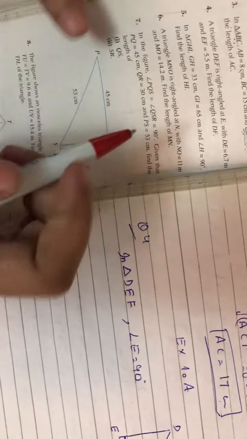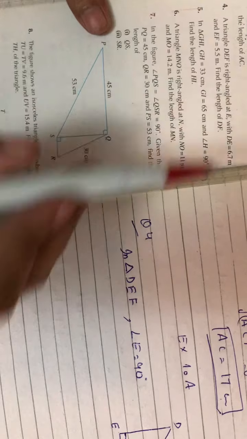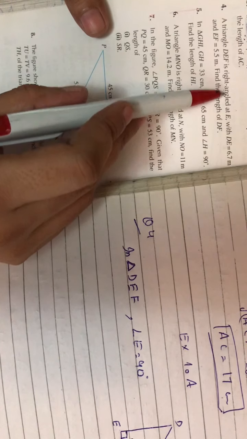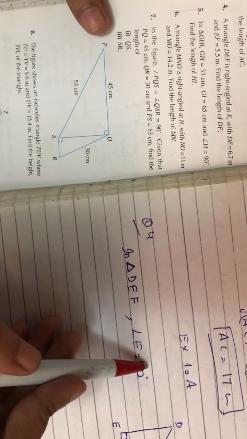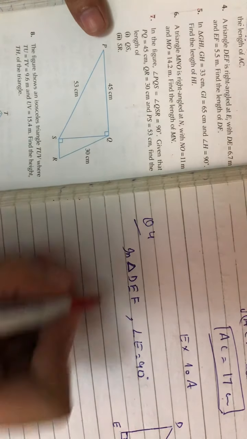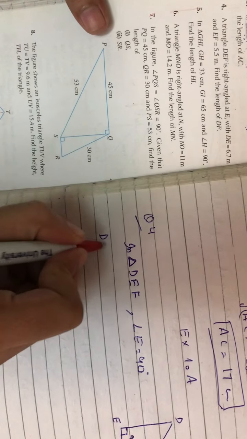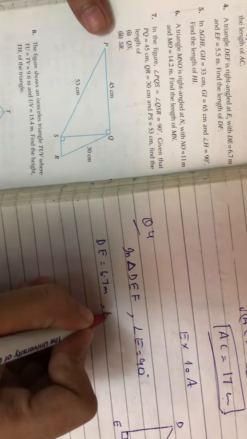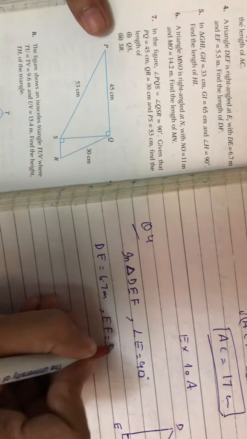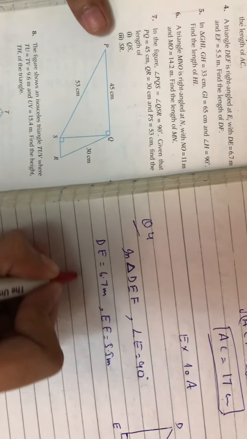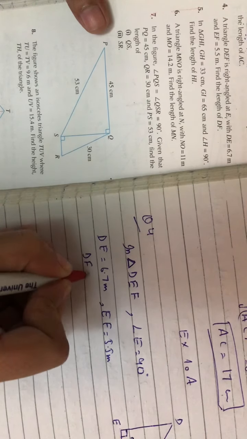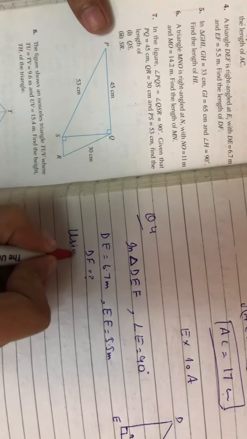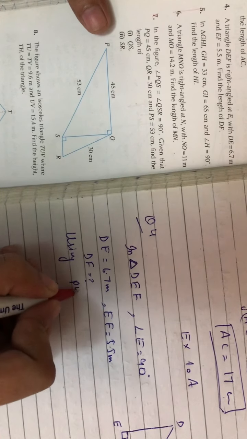This is given. In triangle DEF, this is the symbol of triangle. And angle E equal to 90 degree. Got it? And you know that DE equal to 6.7 meter and EF equal to 5.5 meter, and we find DF. We find the length of DF using Pythagoras theorem.